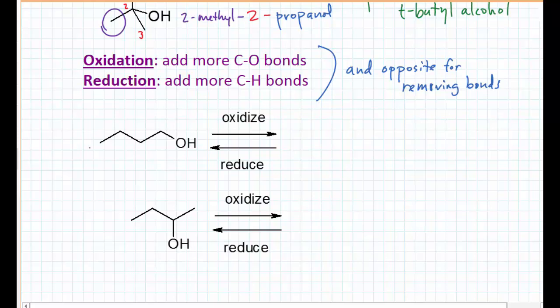So this is a 4-carbon alcohol. This is 1-butanol, right? 1, 2, 3, 4. This carbon has 2 H's attached. So to oxidize 1-butanol, let's keep the same carbons. 1, 2, 3, 4.